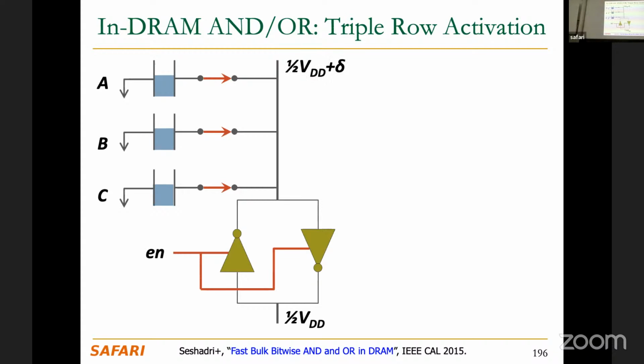So in this case, since the first 2 cells have VDD and one has ground, the voltage level is amplified to the majority of the 3, which is VDD.